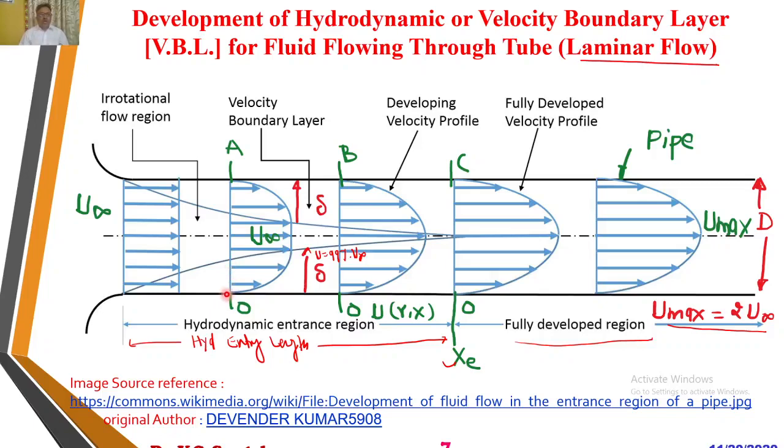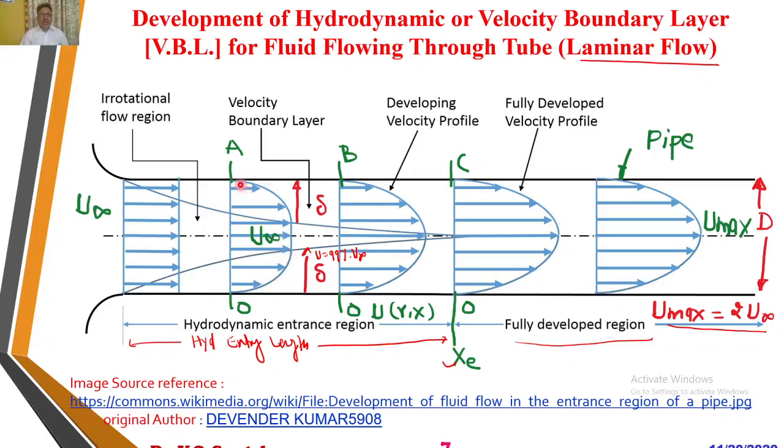So what happens actually, as a result of this no slip condition, velocity of the fluid varies from 0 at the surface to the free stream at the center line of this tube.